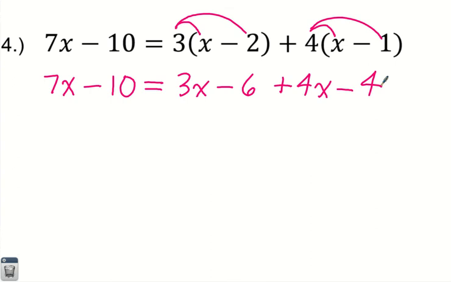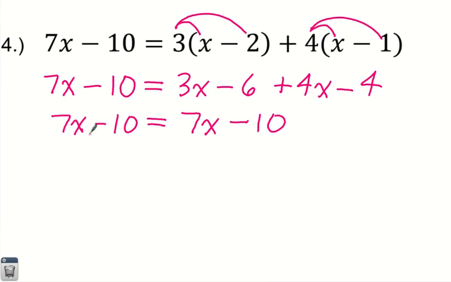And now I've got to be careful not to write too big here. I might run out of room. But over here I see that 3x plus 4x is 7x. And negative 6, that's not just a 6, that's a negative 6. Negative 6 minus 4 is negative 10.